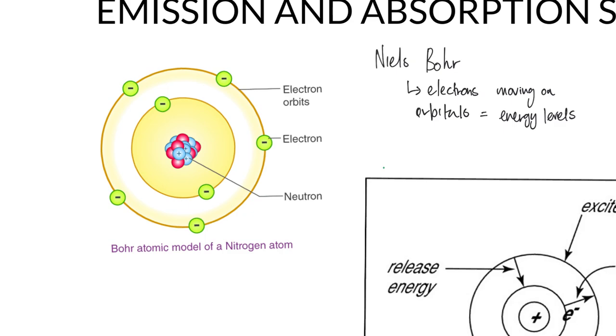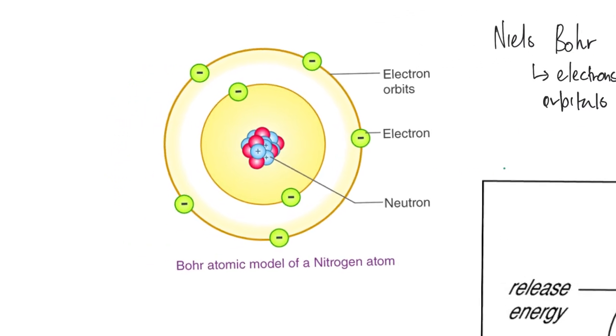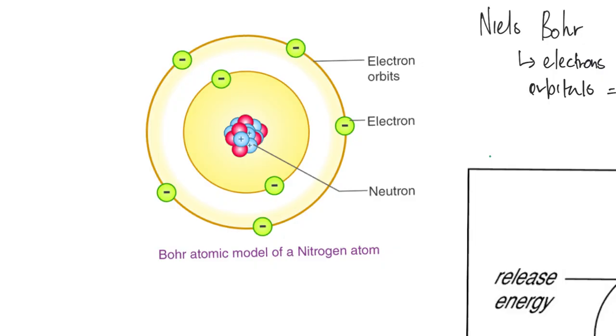So let's say, for example, if I'm looking here, this is the Bohr diagram for a nitrogen atom. I know that in the middle, I have my nucleus. Please make sure you add this to your diagram. Inside my nucleus, I've got two parts.